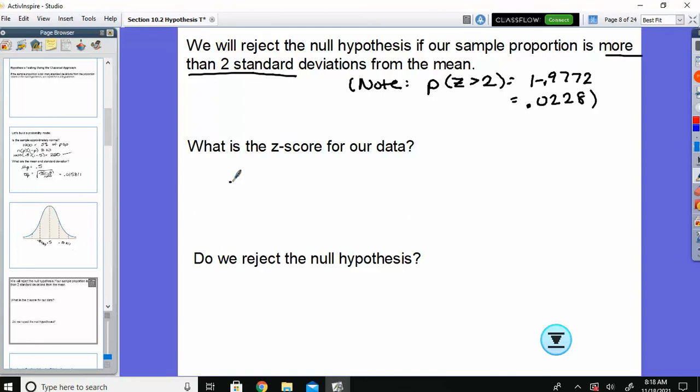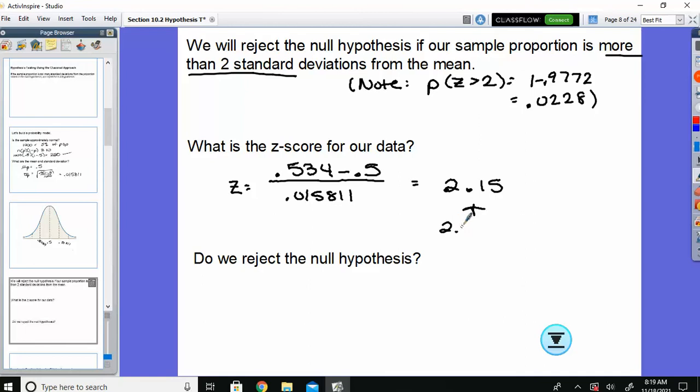So if I want the z-score, just like on our test, it's your value. So my p-hat value was what? 0.53. Yeah. Minus our mean, which was the original p of 0.5, divided by the standard deviation. And we get 2.15.